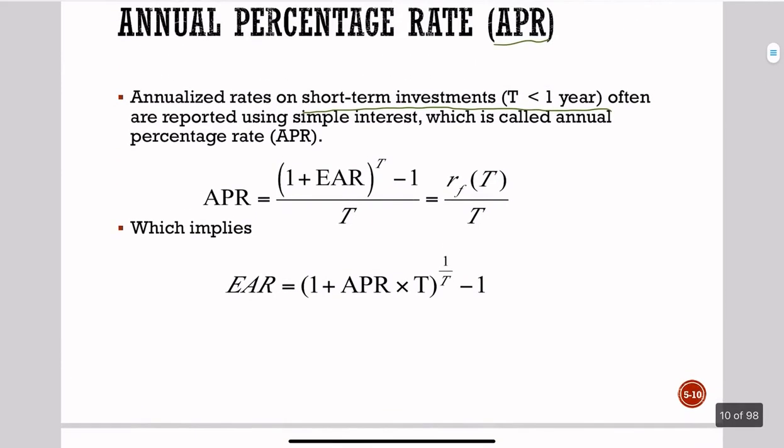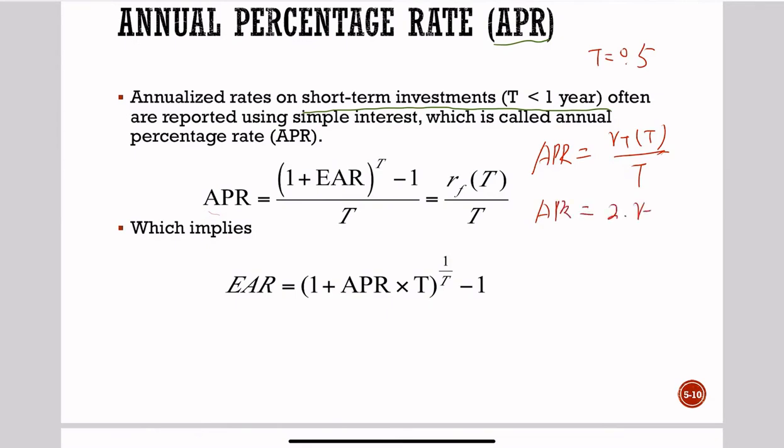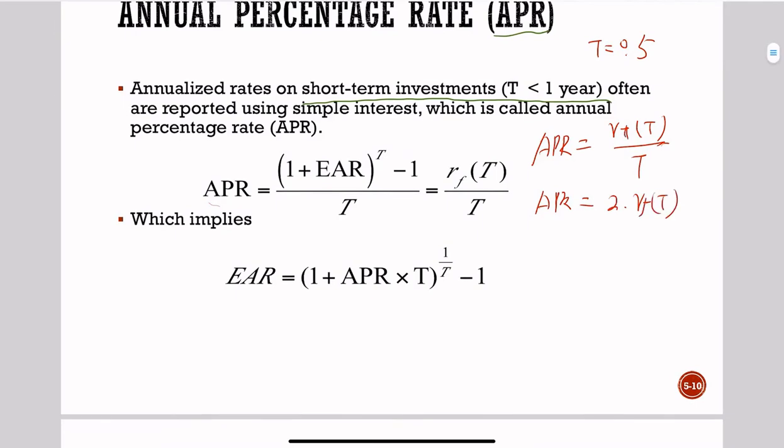In terms of formula, it's easy to see this will hold, because this is exactly the definition of APR. For example, if T is 0.5, then APR is essentially 2 times R. As I said, this is simple interest rate.